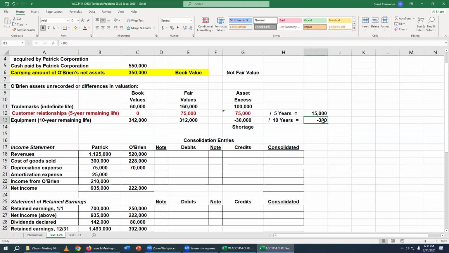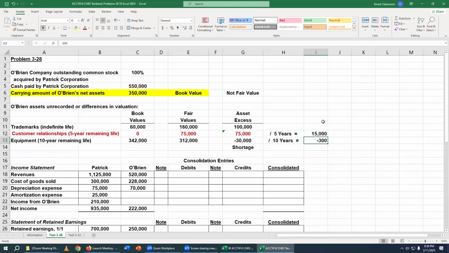All right, anything else here we need to do? Oh, goodwill. Let's see here. How are we gonna figure out goodwill? Well, these are the excesses. This is the book value. I'm gonna move the shortage over here.